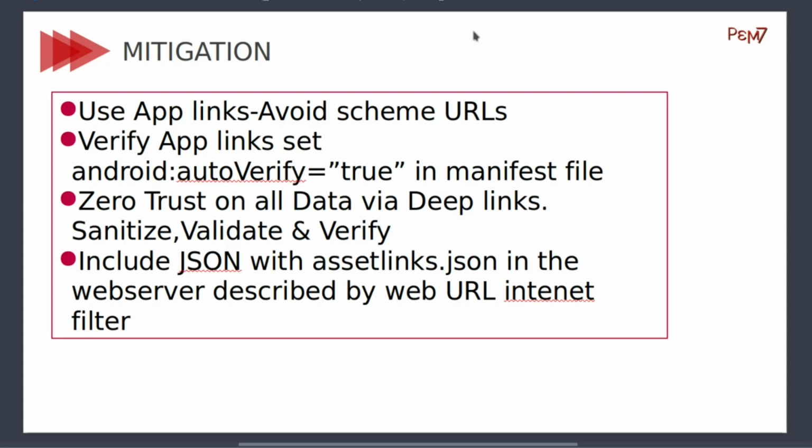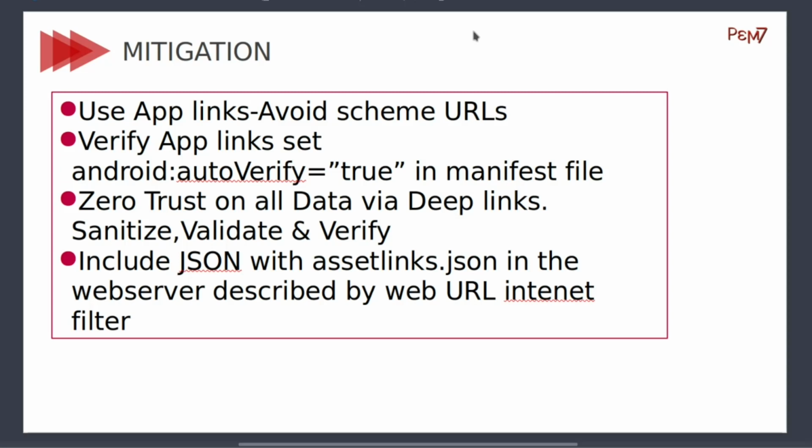You must verify that the app links are set with Android autoVerify set to true in the manifest file. Once you set autoVerify to true in the manifest file, the app link can verify the asset links that are specified on a web server somewhere remotely.